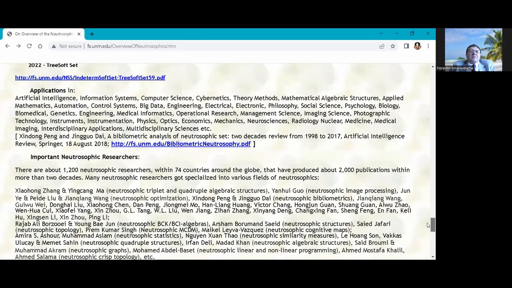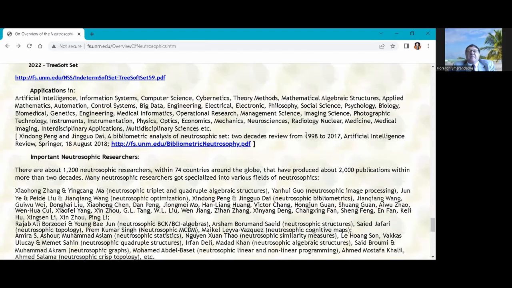And we get indeterminacy. So the last thing is about applications of Neutrosophics. This is a paper written by Xing Song Peng and Jingo Dai.